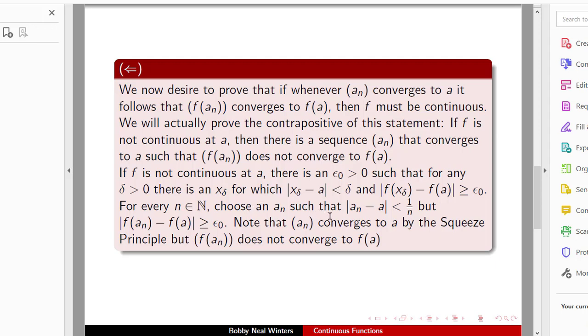And so we can see here that the sequence a sub n converges to a by the squeeze principle, but f of a sub n does not converge to f of a because it's always at least epsilon naught far away.